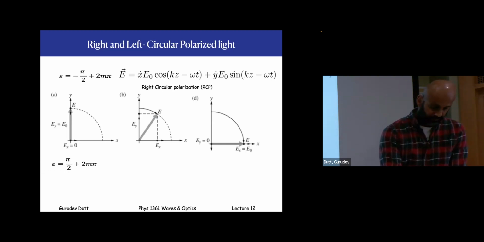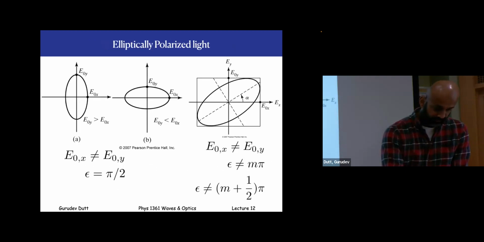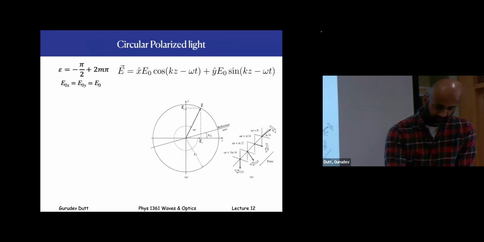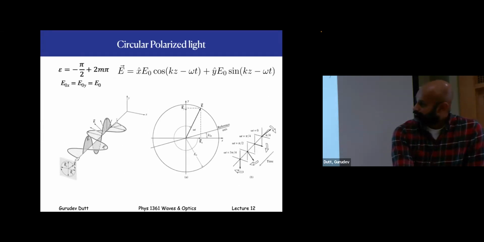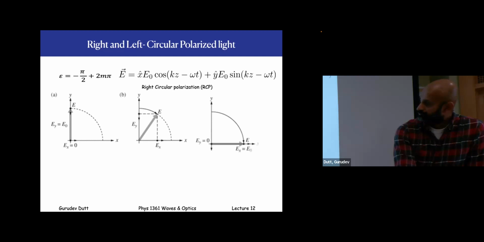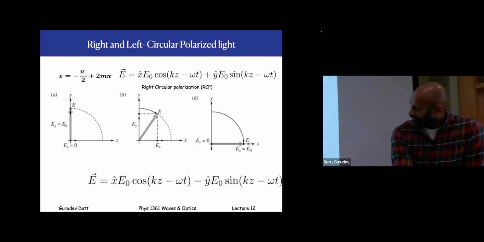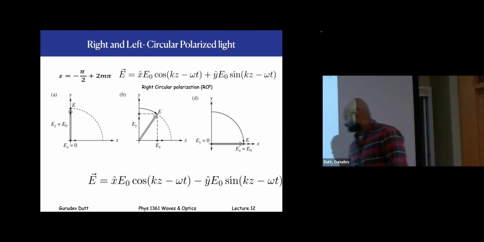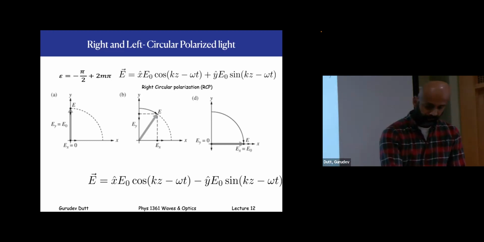So that finishes that, and then we have the left circular polarized light, which is for epsilon equal to plus pi over 2. For epsilon equal to plus pi over 2, we get this term over here, and you can argue for yourself why that's left circular.